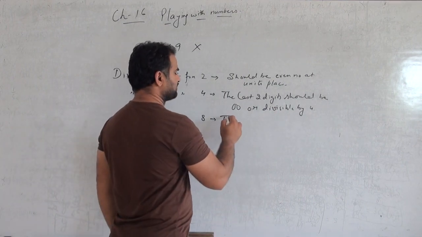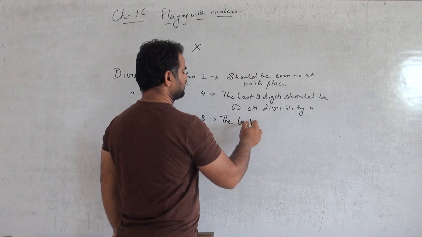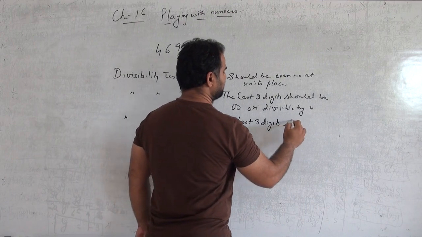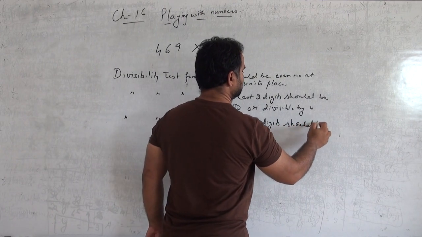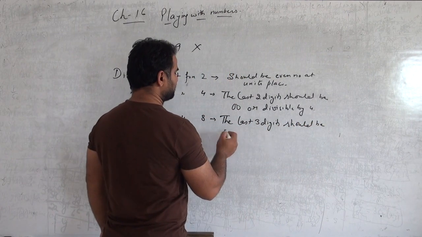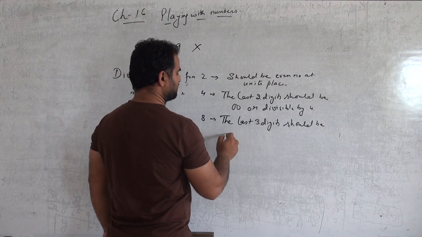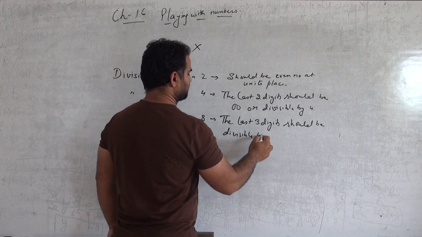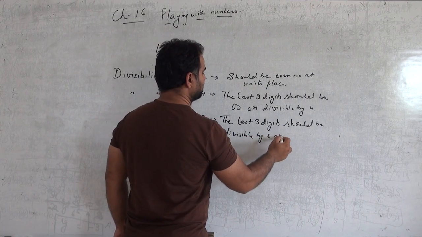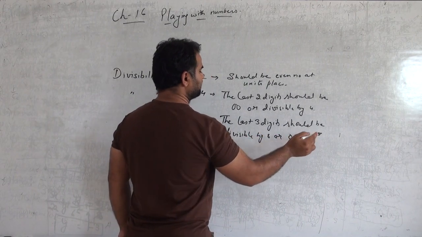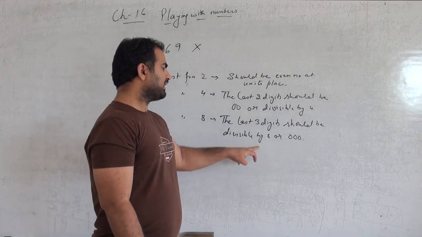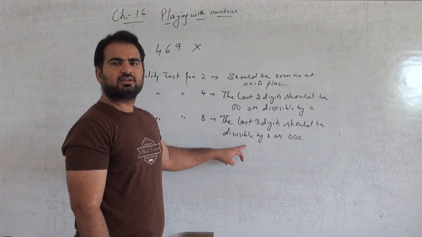The last 3 digits should be divisible by 8, or it can be 000.